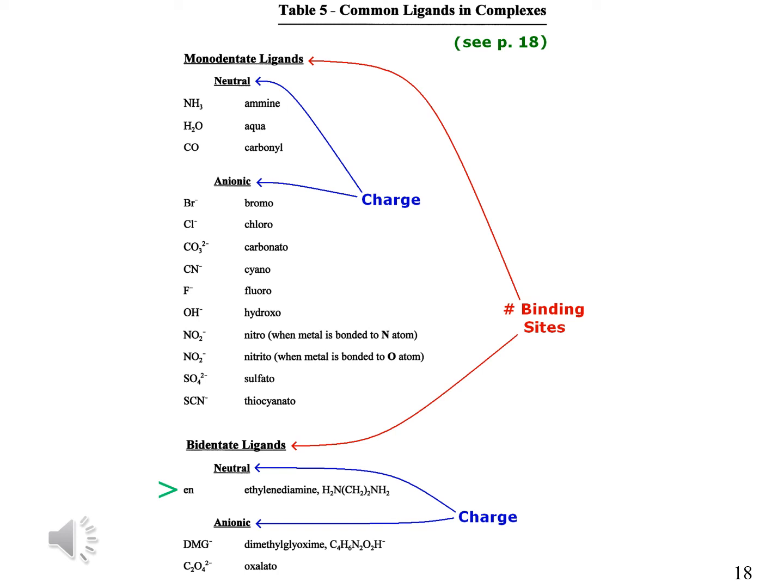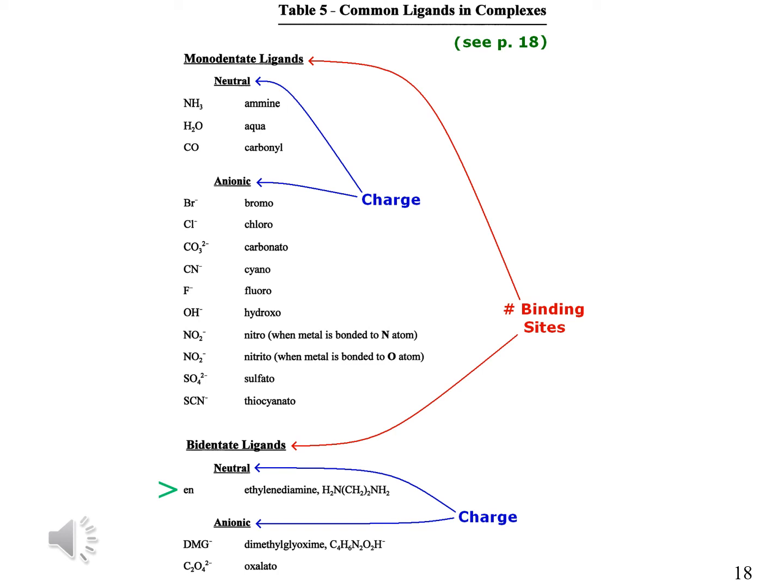This means that if you're looking at an individual ligand, the number of binding sites is completely independent of the charge. So you have to know both. The number of binding sites is determined by how many arms the ligand has, sort of. But the charge is determined by how many electrons you need to make an octet.